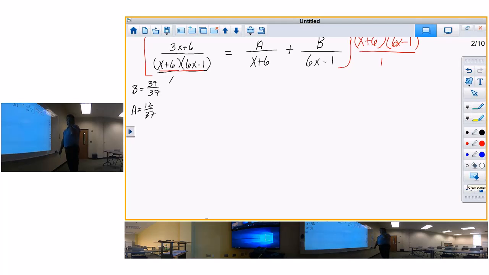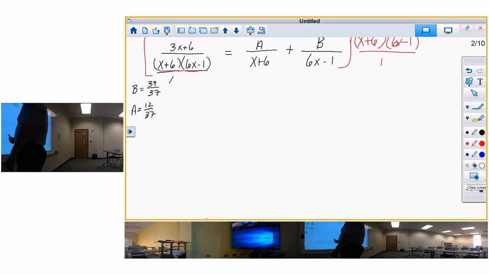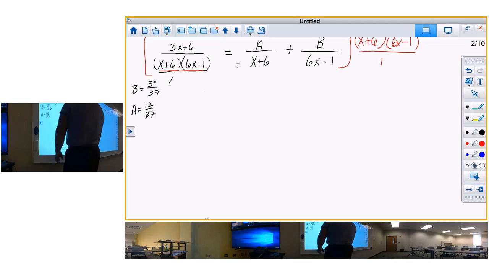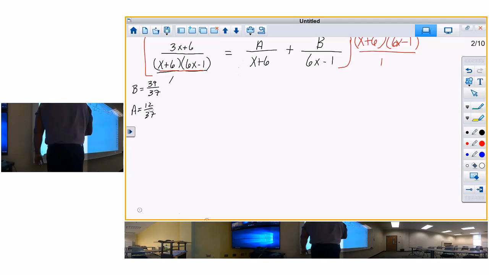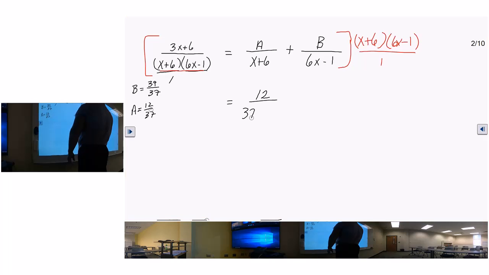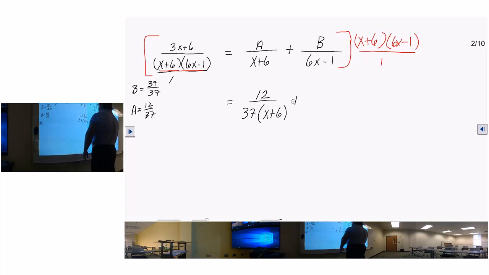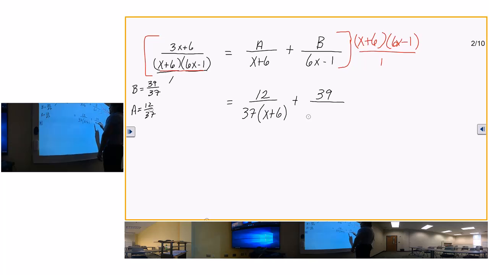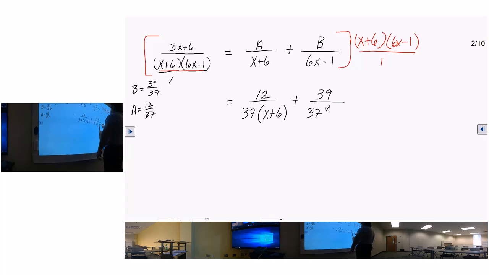All right, so now I plug it in. Now remember, that denominator is going to come down here with this denominator. So that's equal to 12 over 37 x plus 6 plus 39 over 37 6x minus 1.